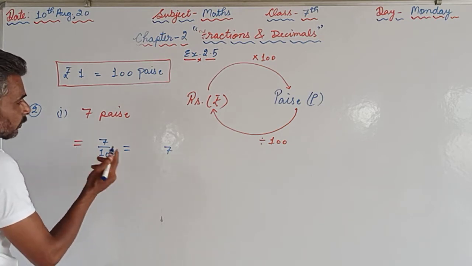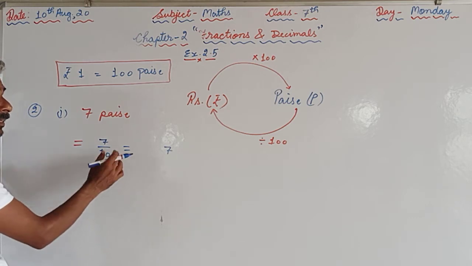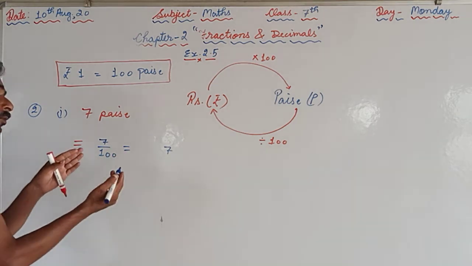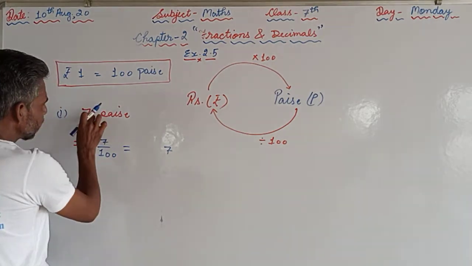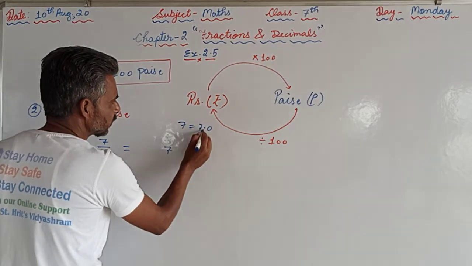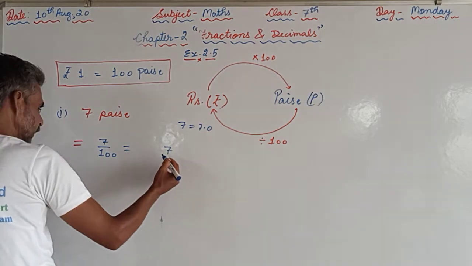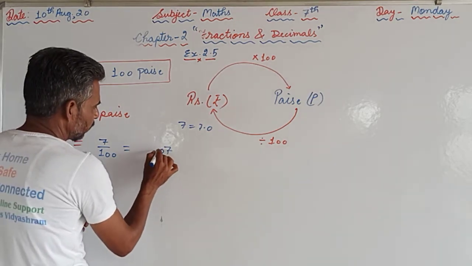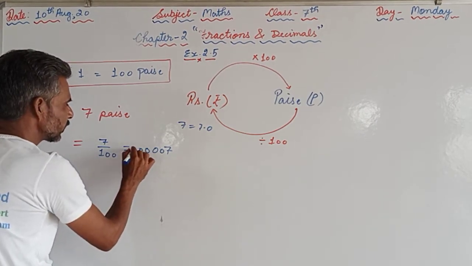If we are dividing any number by hundreds, tens, thousands, then the decimal will move towards the left hand side. So here the decimal is here only. 7 we can write as 7.0. So the decimal is here, and we are supposed to move it to the left hand side. So we will place some zeros here, and as many zeros as we can place, no problem.